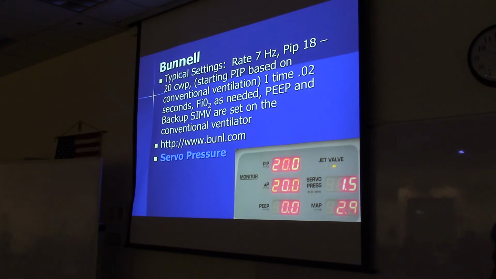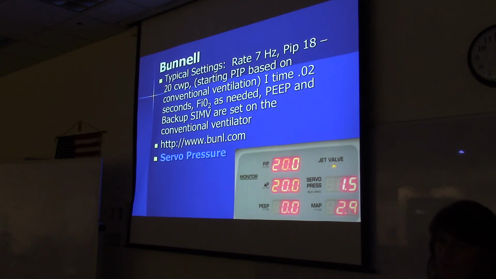So the jet vent has slower rates, because this is on a neonate, a rate of 7. Peak inspiratory pressure, 18 to 20, or you start with the same peak pressure that you had on the conventional ventilator. Your I time, you start with 0.02. FiO2, whatever is needed to get your oxygenation in range.